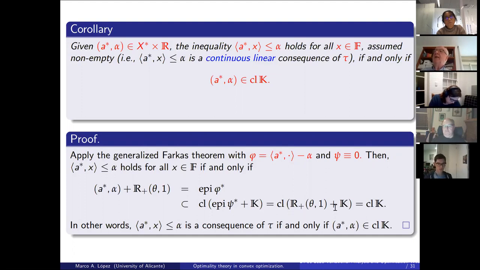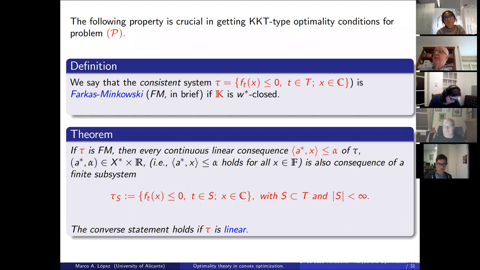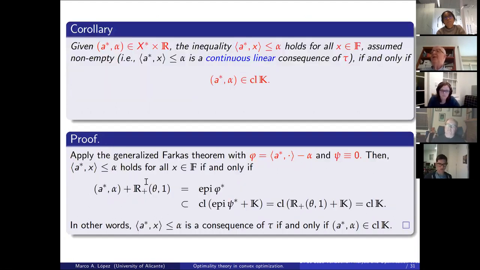But this half line is included here, and so I can delete this one because it's included in the closure of K. Remember, K is the convex cone generated by all the vectors in the epigraphs, and so they include the vertical direction (0, 1).